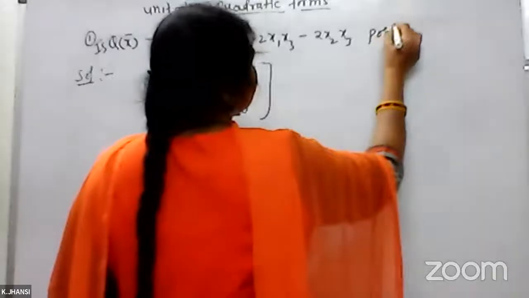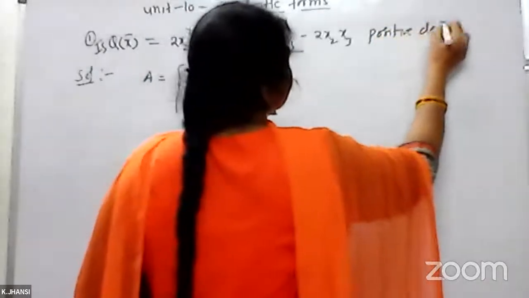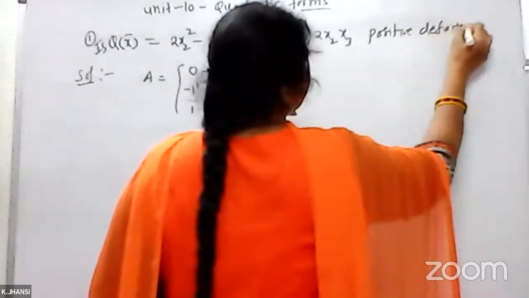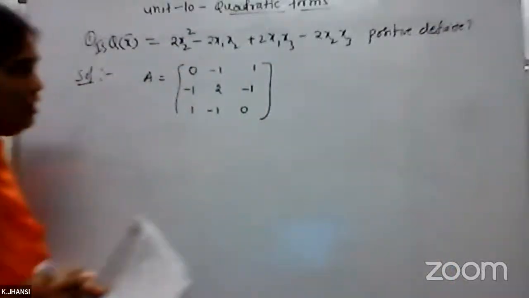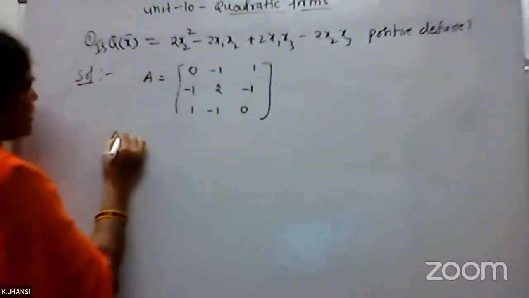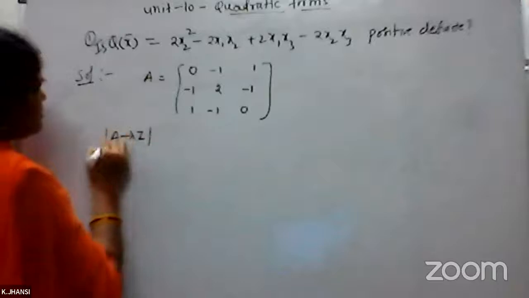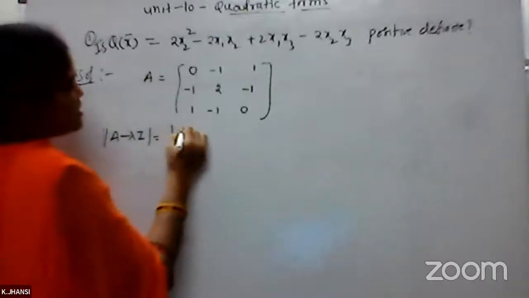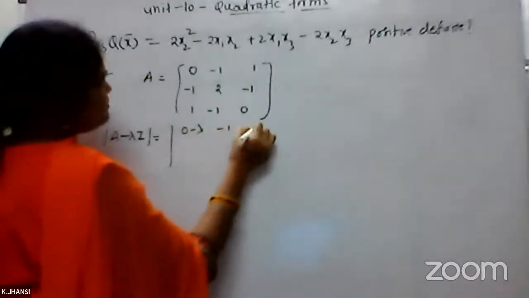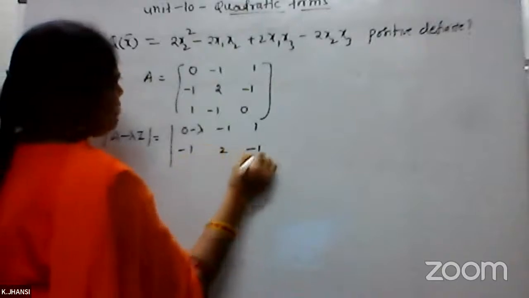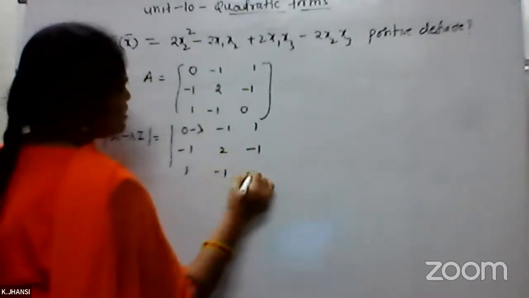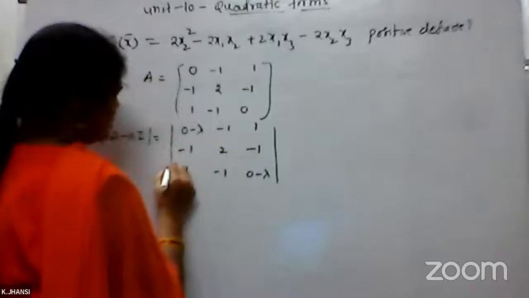Like this question will be given: positive definite. So now we will find A minus lambda I, which means the determinant of this matrix: minus 1, 2, minus 1, 1, minus 1, 0, minus lambda.